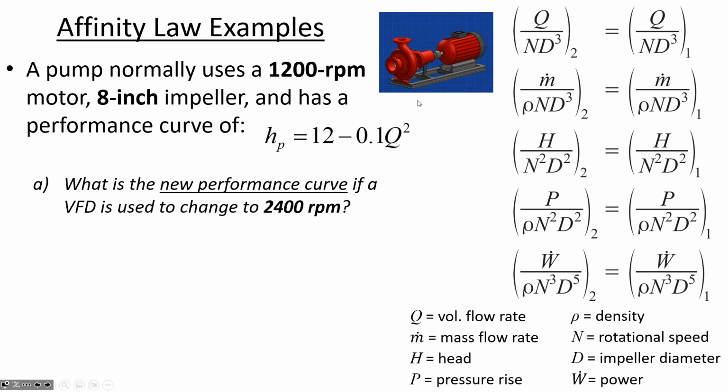Now, this formula didn't say anything about Q1, but what it means is the amount of pump head under condition 1, which is 1200 RPM and this 8-inch diameter. So the pump head under condition 1 is dependent on the flow rate at condition 1. That's why I've added that little subscript there.